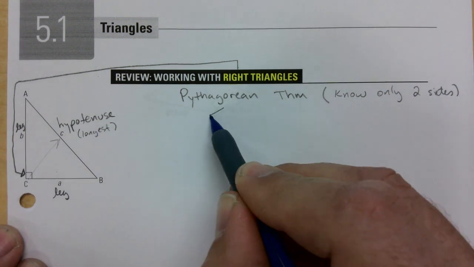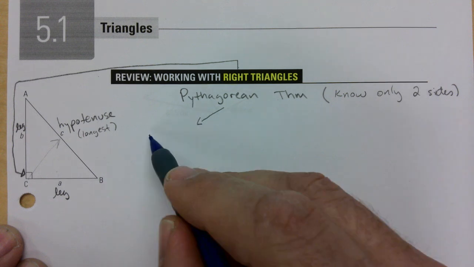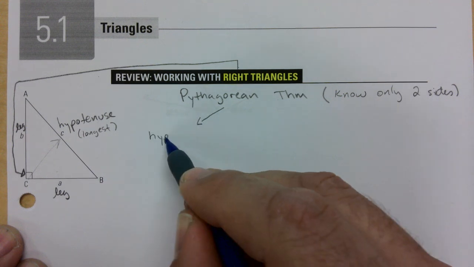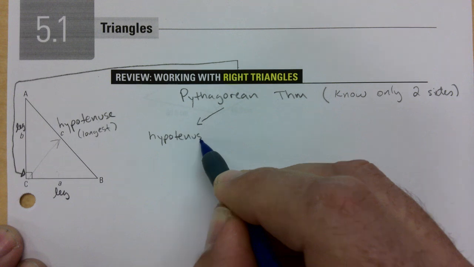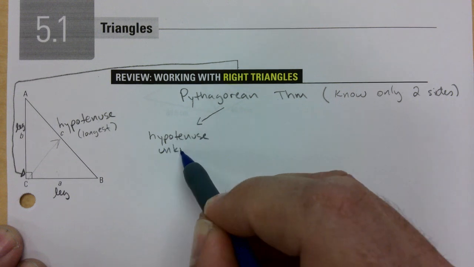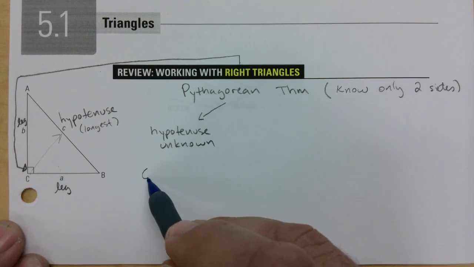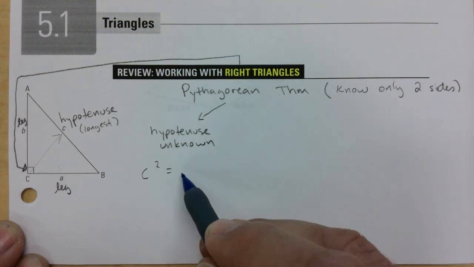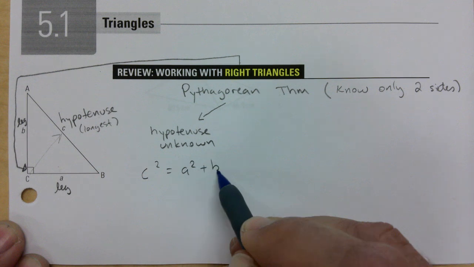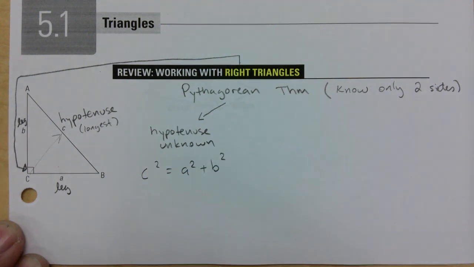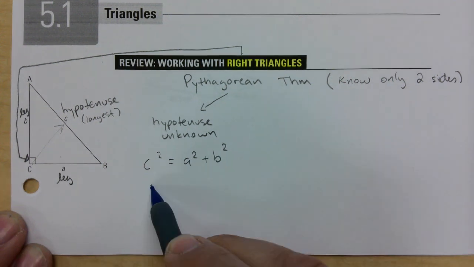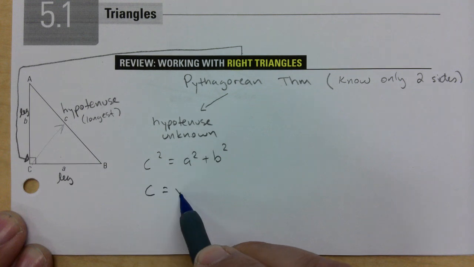Okay. So two cases, right? If the hypotenuse is unknown, then it's just c squared is equal to a squared plus b squared. That's how we would want to set it up. And then the next step would be c is equal to square root of a squared plus b squared.